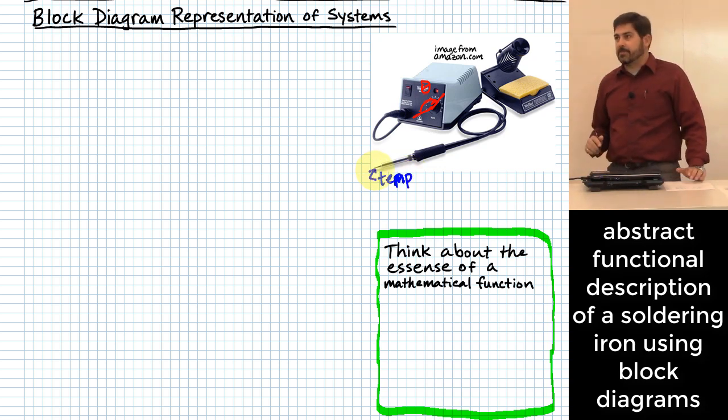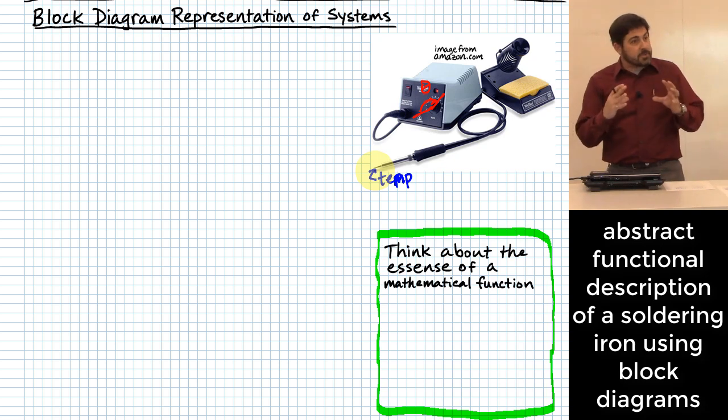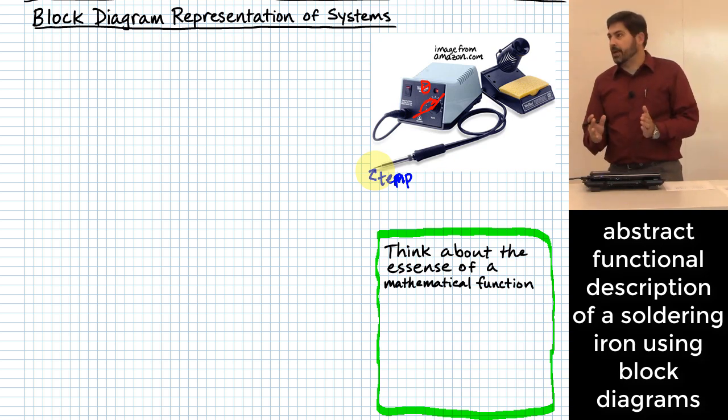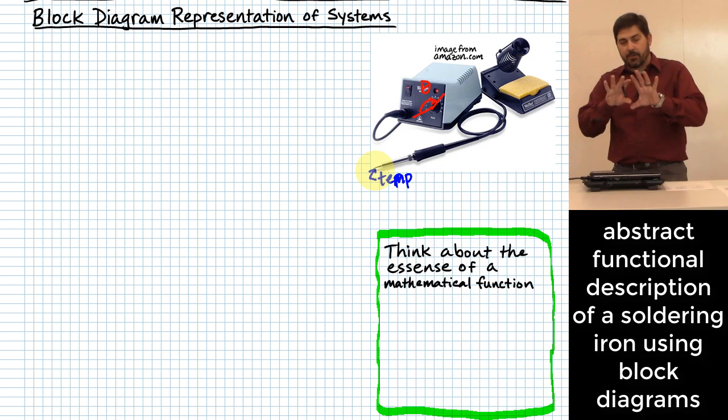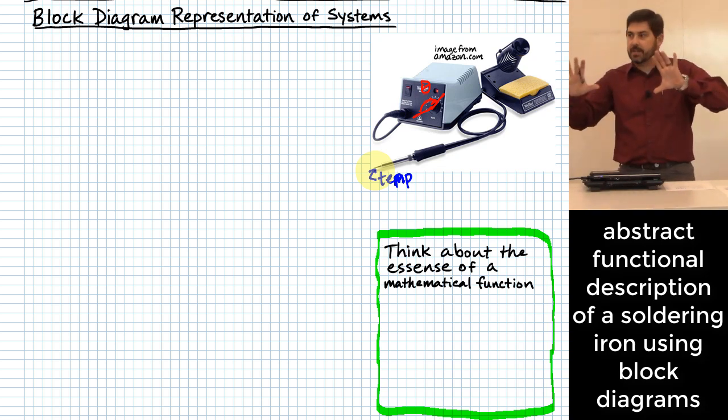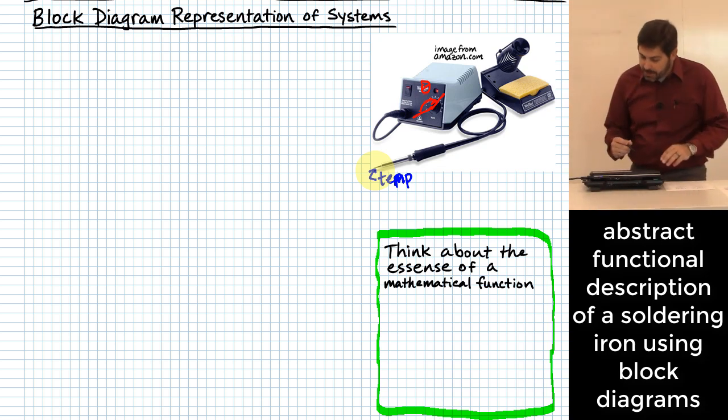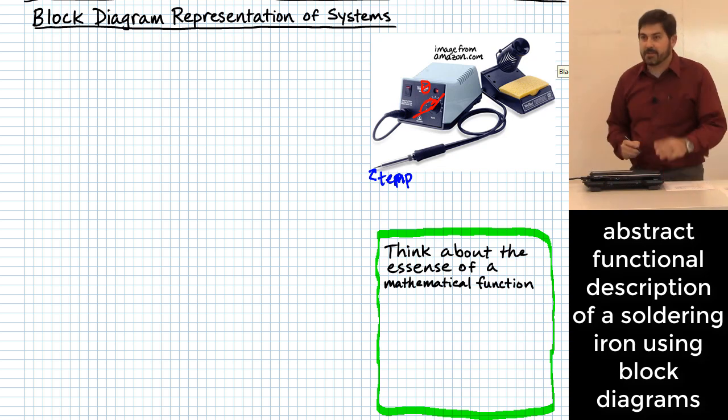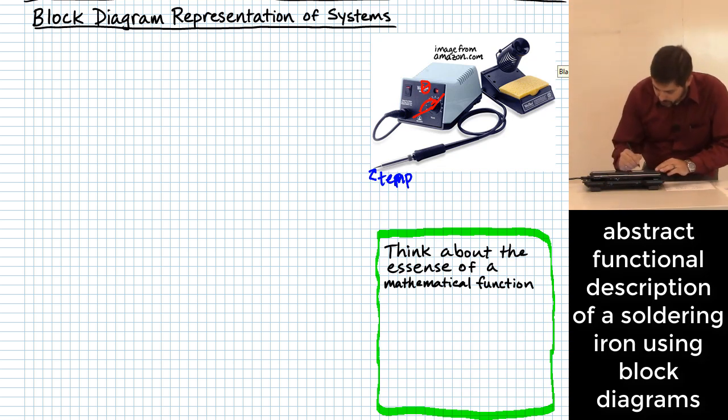of this soldering iron. So if we want to abstract the behavior of this soldering iron in a way that we can see how it might behave in a bigger system, what we can do is make a block that is the soldering iron, right? And the way this sometimes works is you say soldering iron, this is the device, okay?